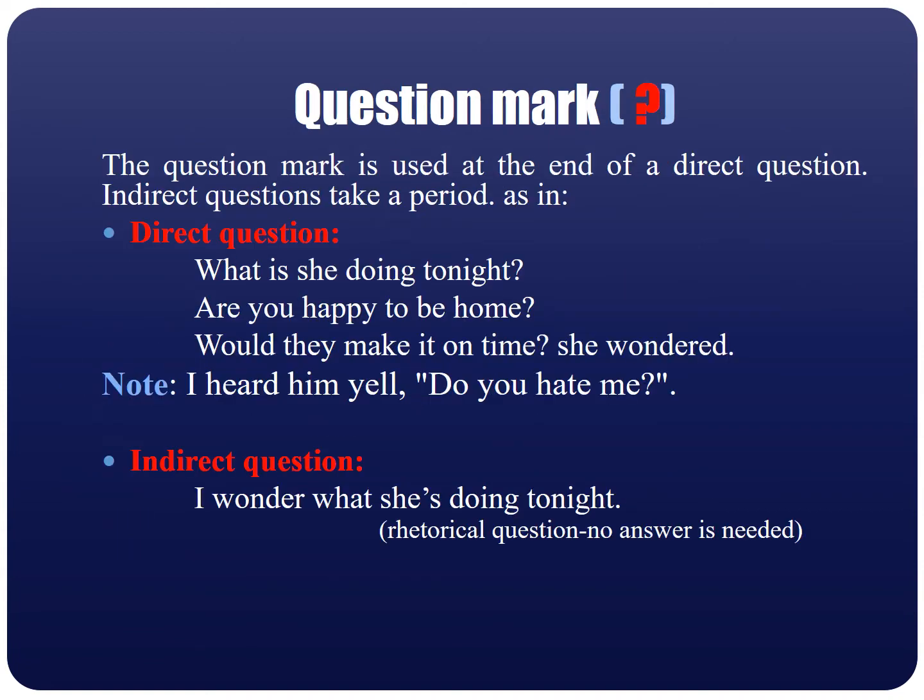Now we are going to discuss the question mark. What is a question mark? When is it used? If you are familiar with 5 W's and 1 H, then you will know. Just in case you are not, 5 W's and 1 H are the questions that start with who, what, when, why, where and how.